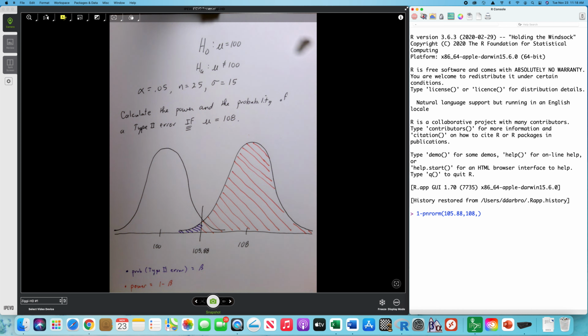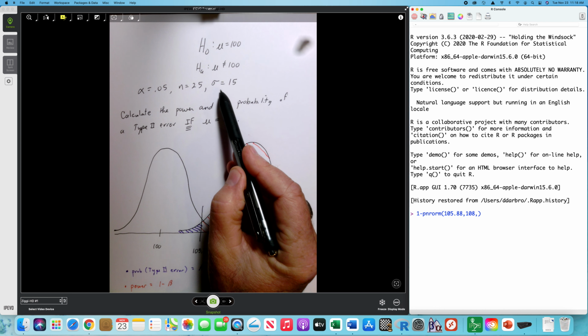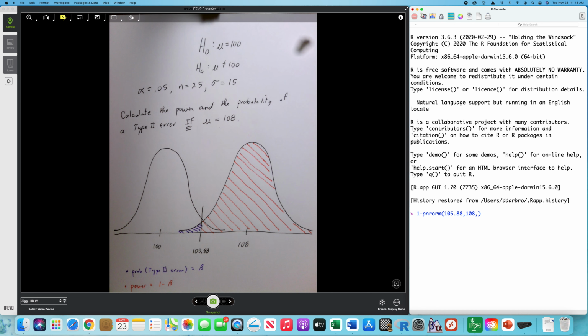And since this is a sampling distribution, we no longer rely on the population standard deviation, we rely on the standard error. So this area, well, if I could spell, it would really be magnificent. This area gives us the power.